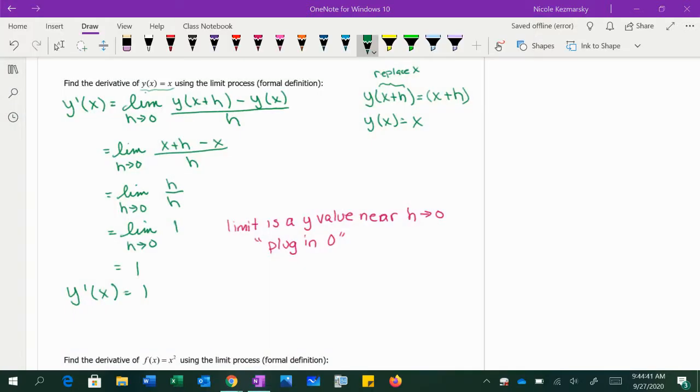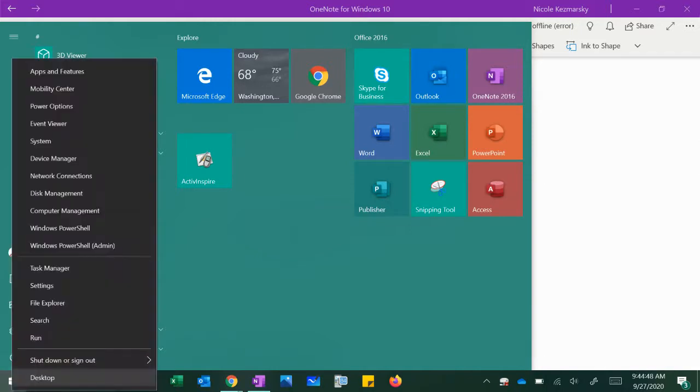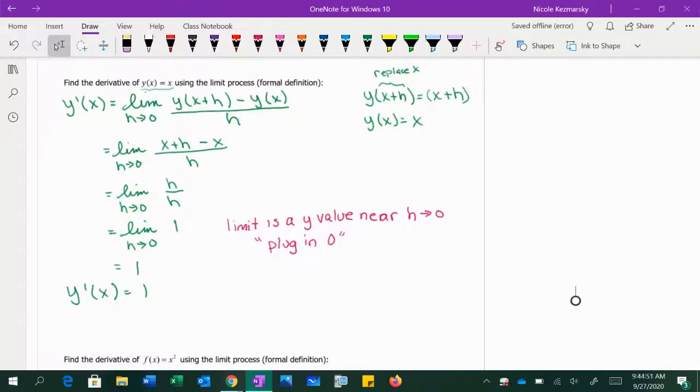So if we think back to what we talked about in the first unit, and we deal with the original function here, the original function is y equals x, looks like this. Derivative is slope, so remember slope gives us derivative.